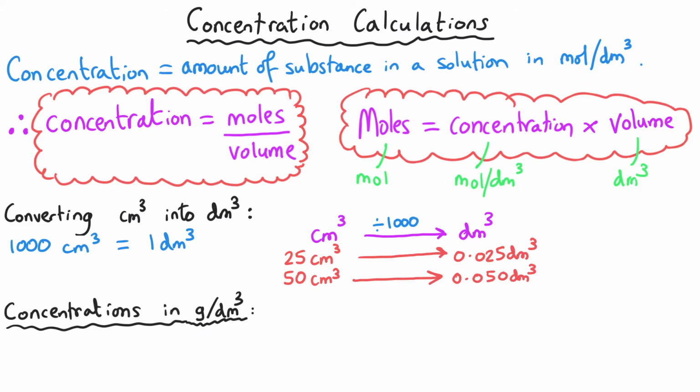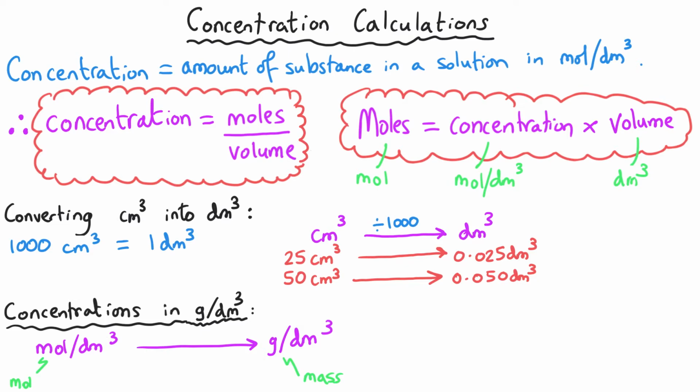Now, I did mention earlier that concentration is typically in moles per decimetre cubed, but it can be expressed in grams per cubic decimetre. And so what you might be required to do is calculate a concentration in moles per cubic decimetre and then turn it into grams per decimetre cubed yourself. Now, since both of these terms are per cubic decimetre, what we're really being asked to do is change moles into grams, or more specifically, mass.